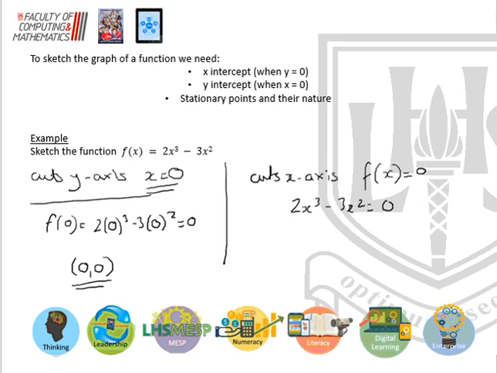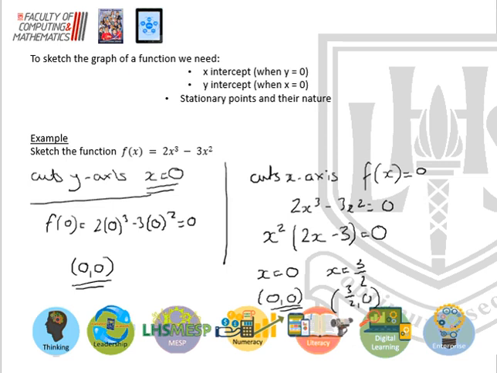Luckily, we've got a common factor, so x squared is your common factor, and then you have 2x minus 3 left in the bracket, which means if x squared is 0, that means x is 0, and if 2x minus 3 is 0, that means x is equal to 3 over 2. So two places where it cuts the x-axis: (0, 0), that's good because we already found that, and (3/2, 0).